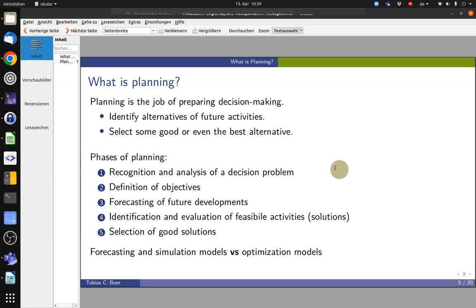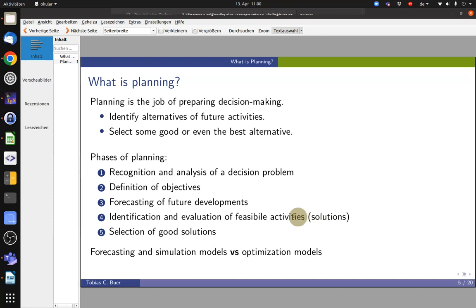In step number 4, we try to come up with feasible alternatives, feasible activities. So what can be done? And usually we have several options, so we have to evaluate these activities. And we do this so that we can, in step number 5, select our best activity.